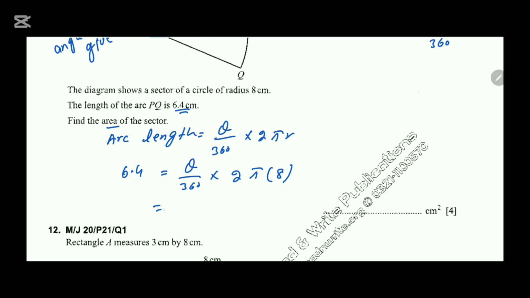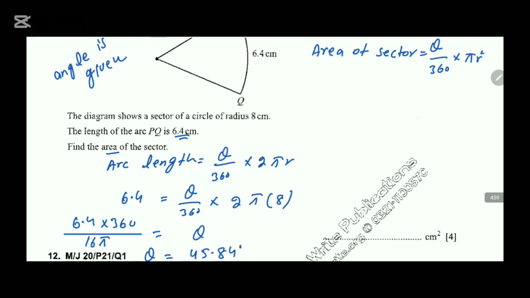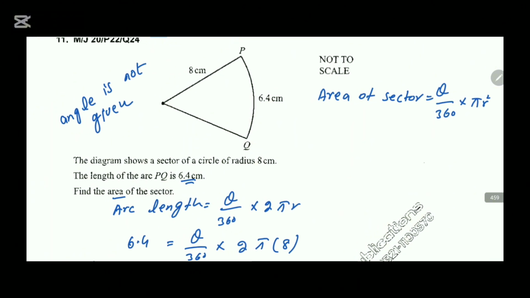So now theta is 6.4 multiplied by 360 over 16 pi. So the angle that you will get, theta, is equal to 45.84. Okay, now we got the value of theta, we got the angle.